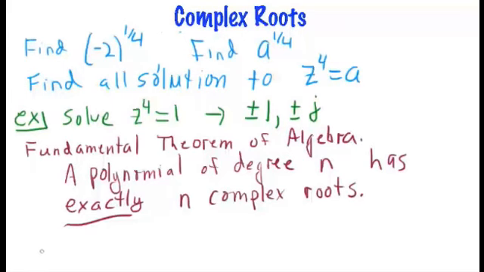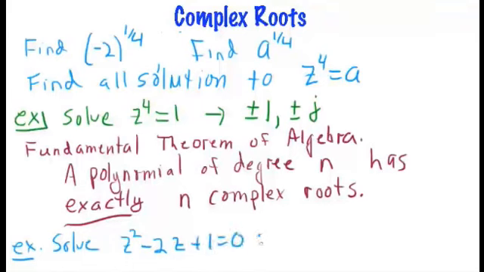In order for this to hold, we need to talk about repeated roots. I'll do an example. If I say to you, solve z squared minus 2z plus 1 equals 0, well, you'll have no problem factoring that into z minus 1 squared equals 0. And it might appear there's only one root, 1.